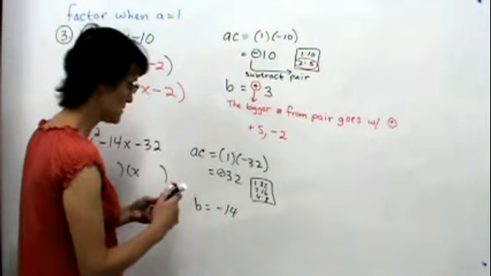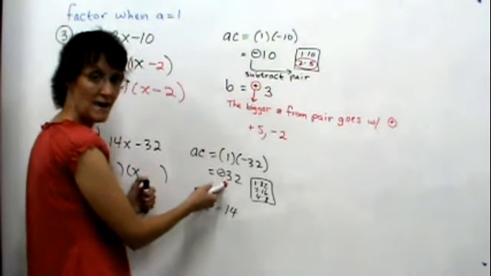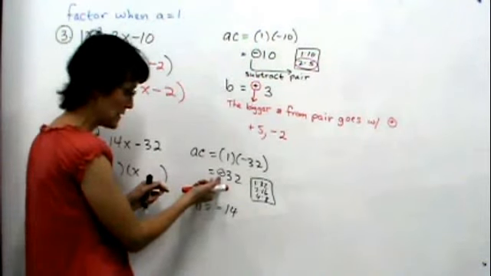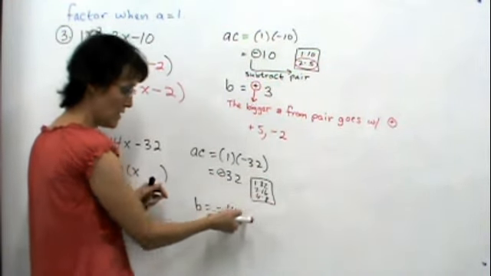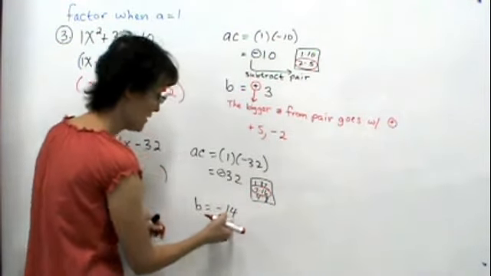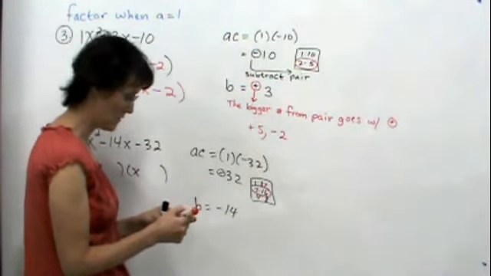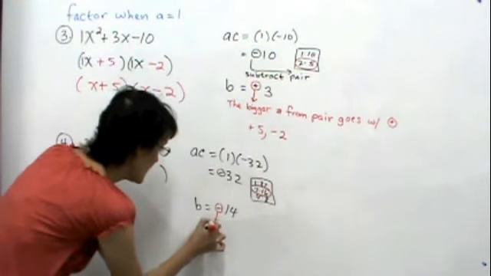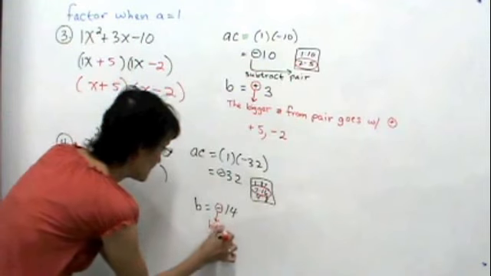Okay, so the pair, this is my negative sign, that means I'm going to subtract the pair to give me a 14. So subtracting 16 and 2 will give you 14. And again, this sign right here goes with the bigger number in the pair.